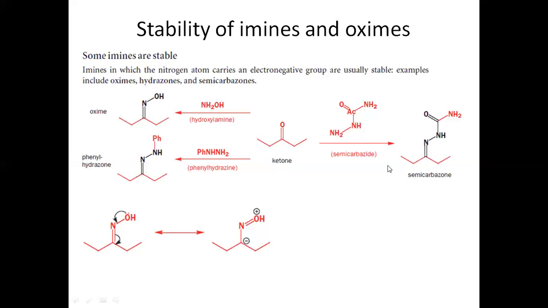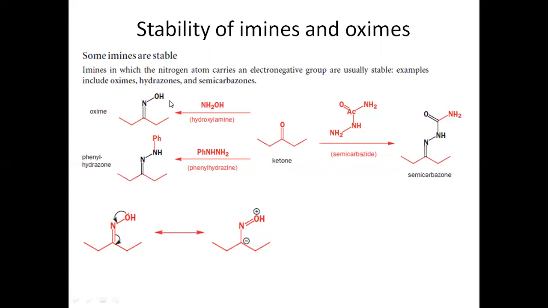Out of each of them, oxime is considered to be the most stable. The reason being, your oxime has nitrogen attached to oxygen, which has a lone pair of electrons that can be put into resonance, and thus it exhibits more stability. Imines where the nitrogen atom is attached to an electronegative group are usually stable.